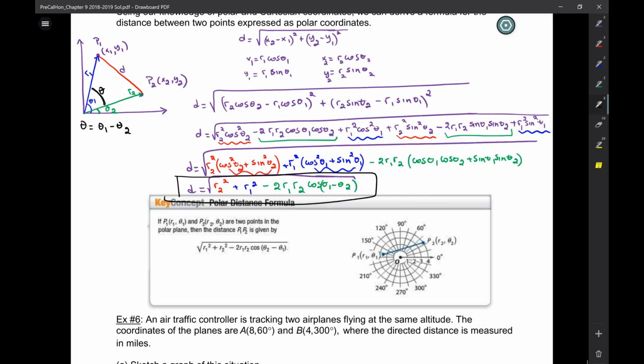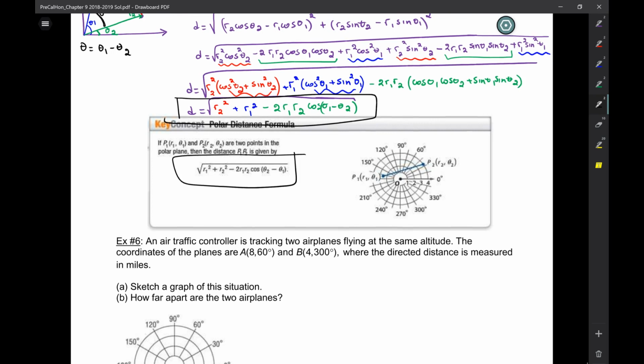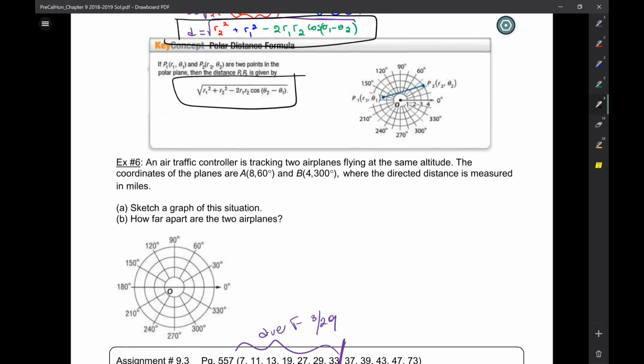The angle in between. That's the angle in between. So it's R1 squared plus R2 squared minus 2R1 R2 cosine of the angle in between. What does that remind you of? Where have you seen that before? I'll tell you later. Okay, so that's how you find the distance between two polar points.